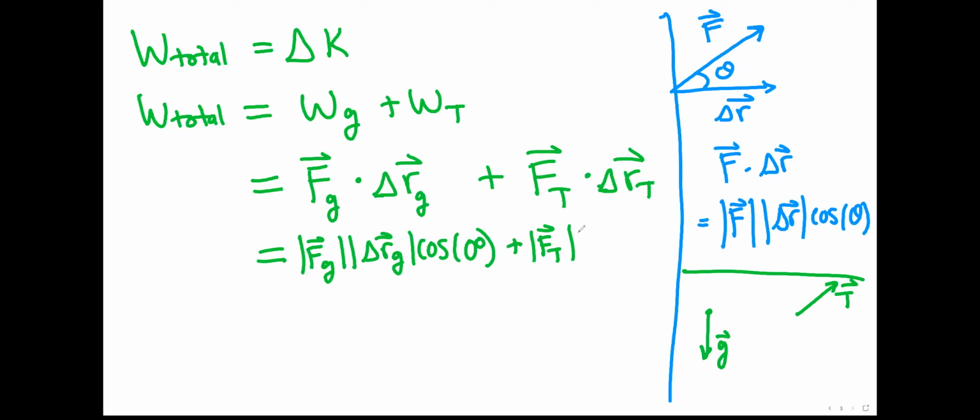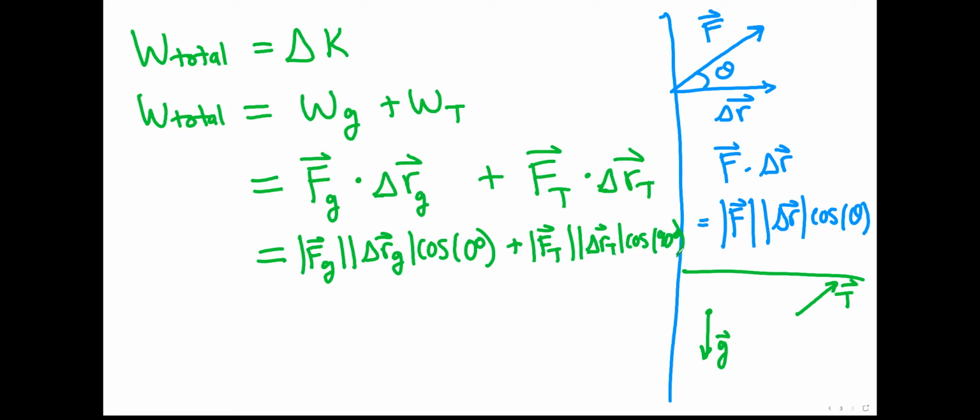So here we have the delta RT. I should write that neater. Delta RT times, I wish I had more space here. Okay, I'll be more careful this time. So delta RT times cos of 90 degrees.